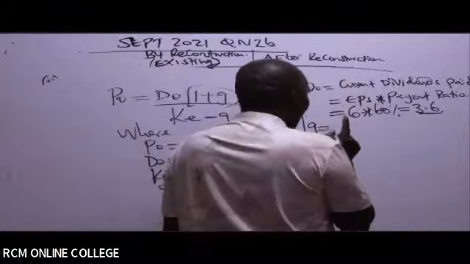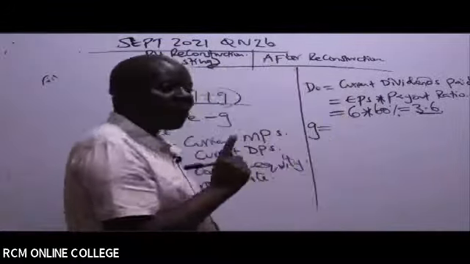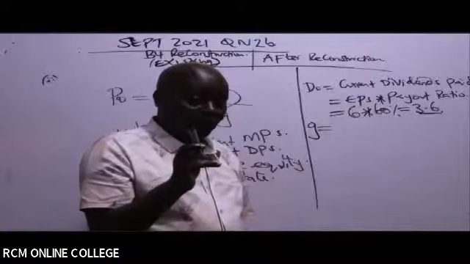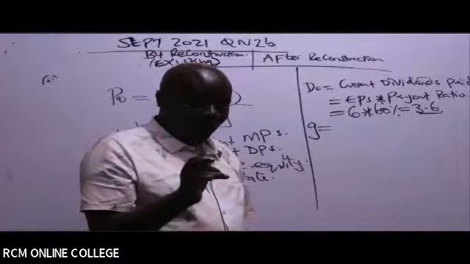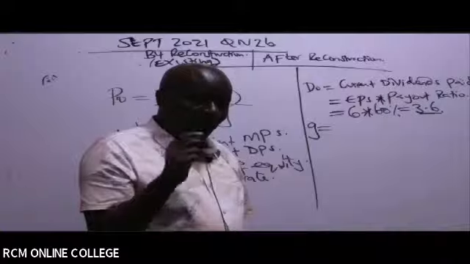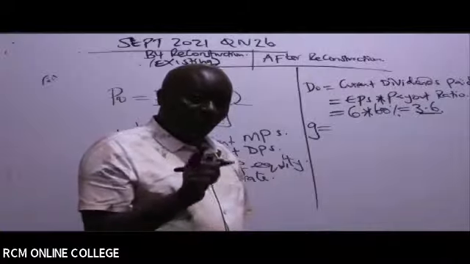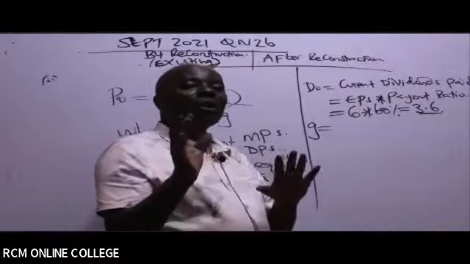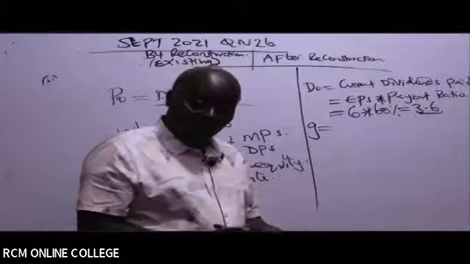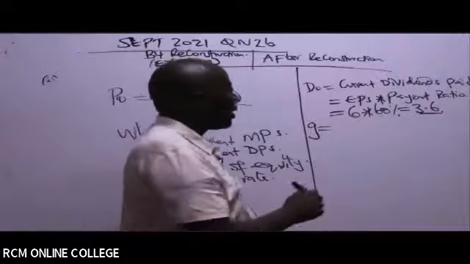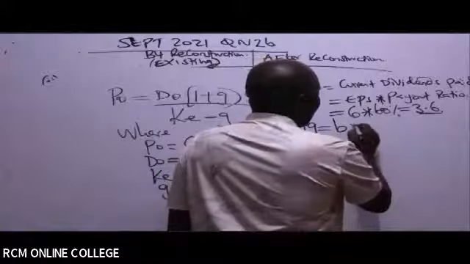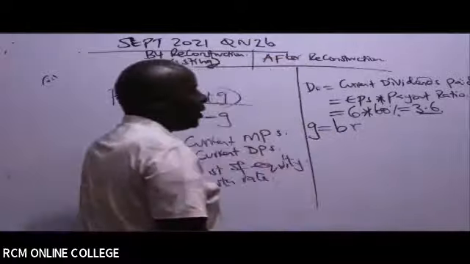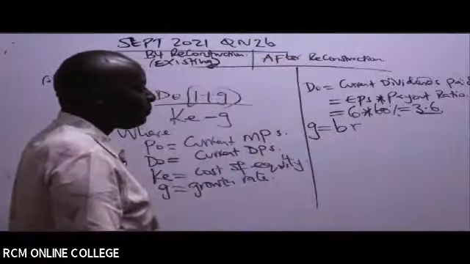According to Mr. Gordon, he gave us two methods of getting growth rates. For this case, I will show you the method applicable in this question, where g will be equal to bR.